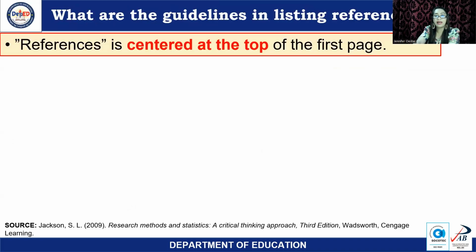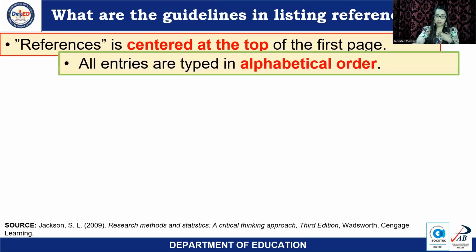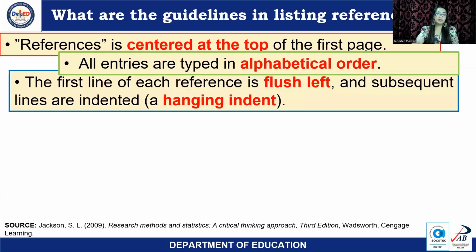So here are some of the guidelines. Once again, what are the guidelines in listing references? References is centered at the top of the first page. All entries are typed in alphabetical order when you are processing your references at the last part of your manuscript. Next, the first line of each reference is flush left, and subsequent lines are indented, or a hanging indent.